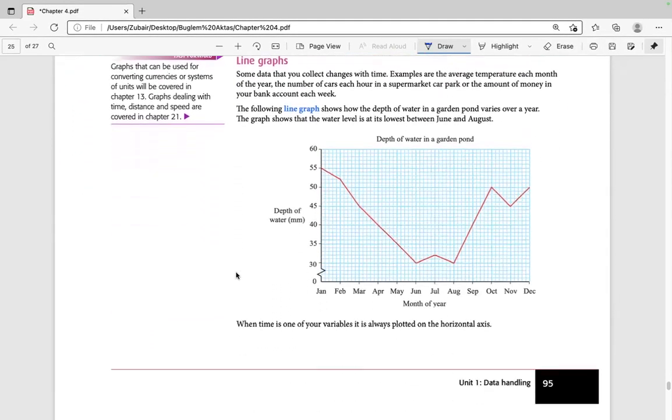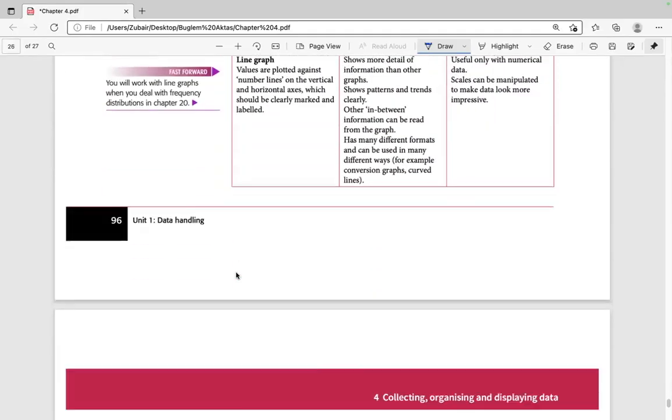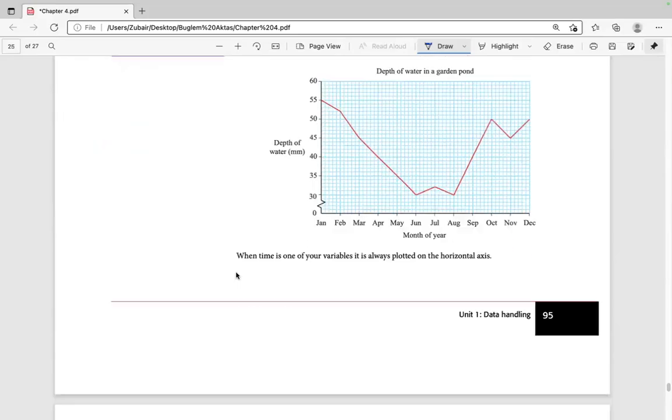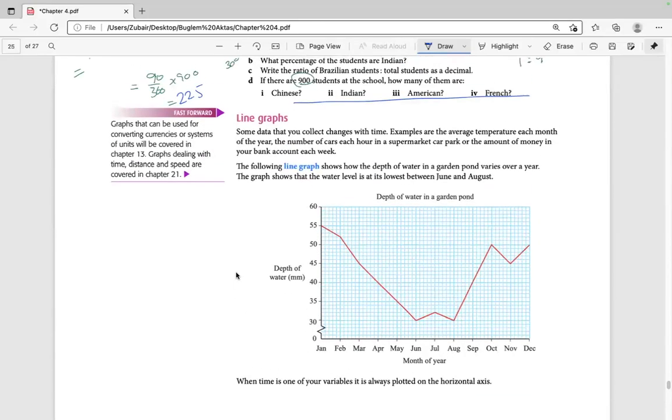Line graph, probably the last type of this chapter. Now what is a line graph? We have all the data and we connect those dots using a pencil and a ruler. The examiner may tell you to draw a smooth graph or draw straight lines. So a line graph shows how some data that you collected changes.